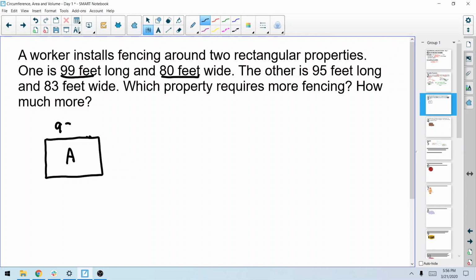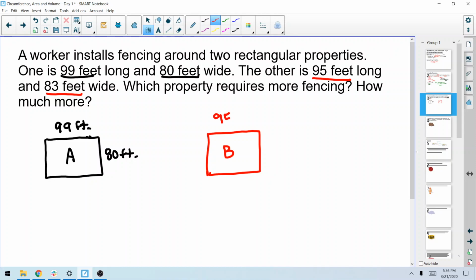The second property is 95 by 83, so I'll call it property B and label it 95 feet and 83 feet.